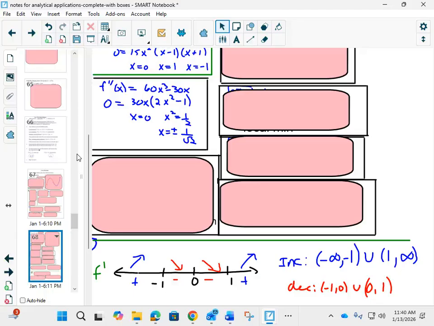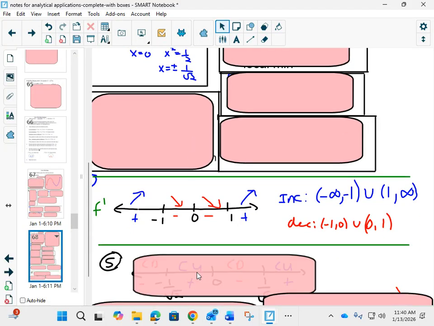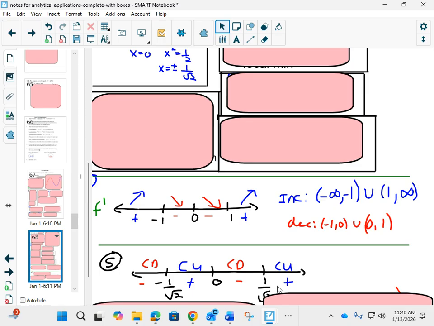From my first derivative test, I know that -1 is going to be a local max, 1 is my local min, and 0 is going to be a stationary point of inflection. From my second derivative, I know that it's concave down, concave up here, and concave down here.